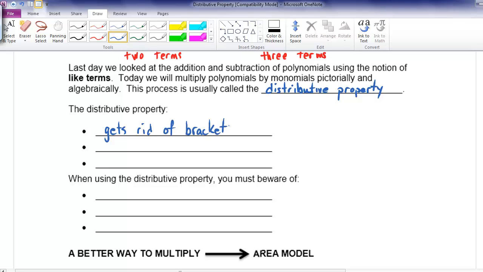That's what it does. It's a multiplication word. So as we said, like terms is an addition-subtraction word, the distributive property is a multiplication word. And another word instead of multiplication, it's also called expanding.